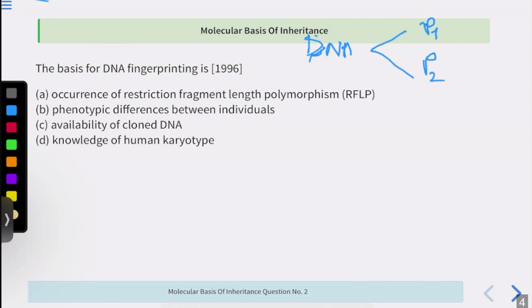How will you find out? You will find it out by running a DNA fingerprint.